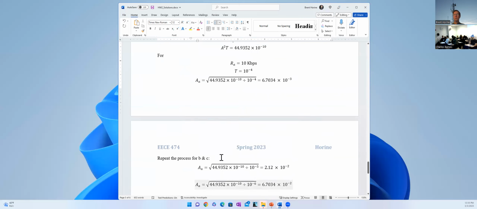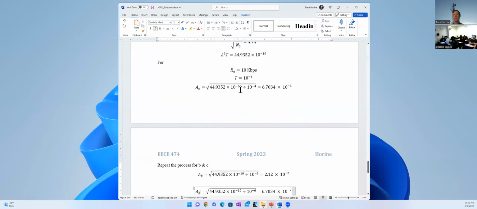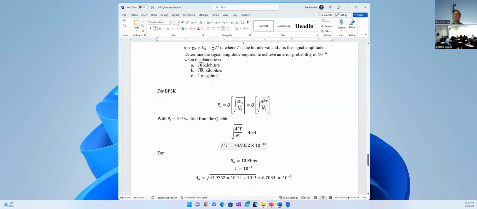So what we see is, to achieve higher and higher rates, we need more and more signal. In going from A, I'm sorry, I didn't fix those, for C here we need 10 times as much power as A. But we went from 10 kilobits all the way up to a megabit, or 1,000 kilobits.